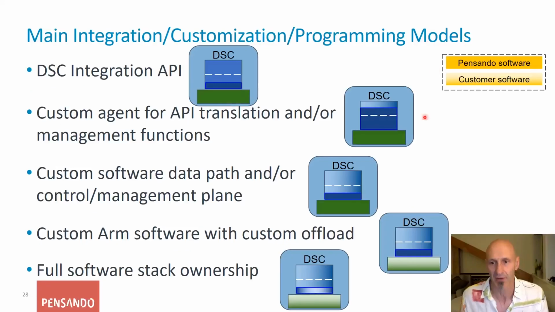So we have a number of options for customizing or even just integrating the card in an existing environment. So the card offers an API that can be used to leverage software that is being pre-installed on the card, or a customer might want to just run an agent on the card for management purposes, or for example, for providing an API translation to use a different API than the one we offer.